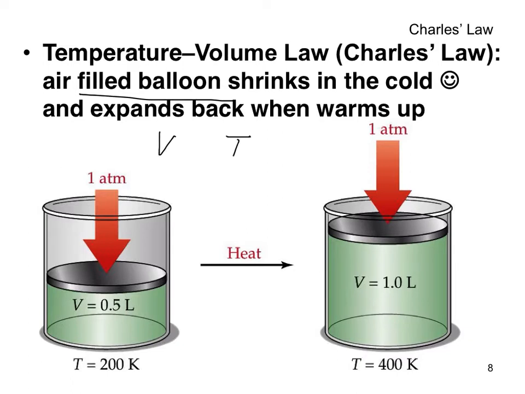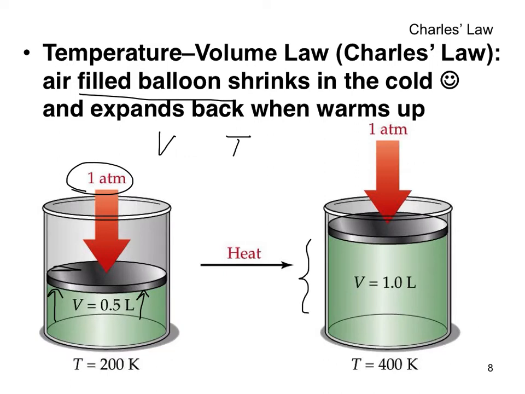So over here, I'm showing you a situation that we have a gas sample which has been maintained at a pressure of 1 atmosphere. Volume is 0.5 liters. Temperature is 200 Kelvin, and as I heat it, if I want to maintain that same pressure, you can perhaps envision that the gas molecules will push against the movable piston and the volume will increase.